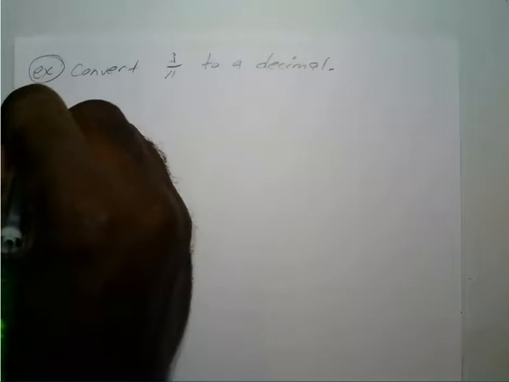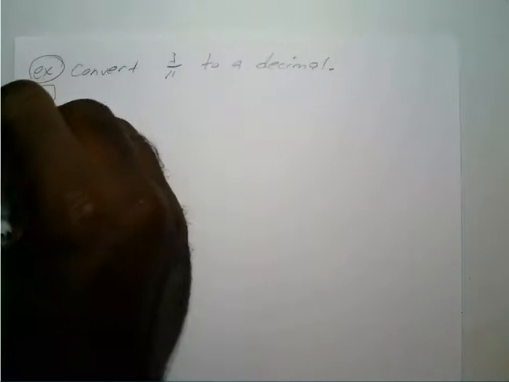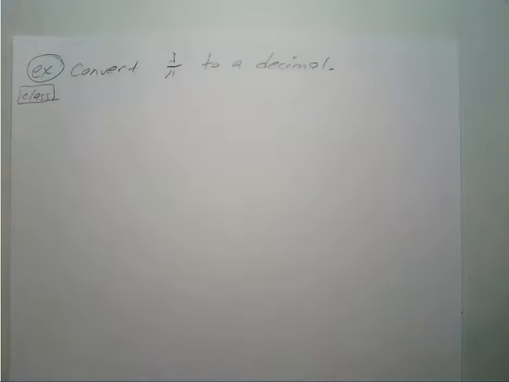We're going to go ahead and do one more example. So we want to convert 3/11 to a decimal. I want you to go ahead and press pause and try this one on your own.